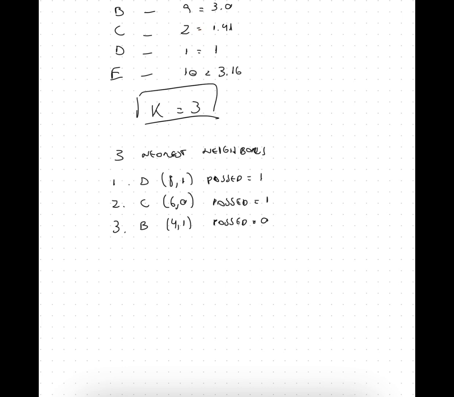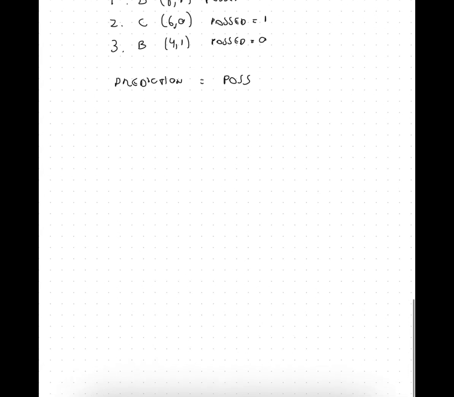The second one is C, 6 hours and 0 attendance, passed. And number 3, letter B, 4 hours, 1, and didn't pass. Out of the three neighbors, 2 passed and 1 did not. Using majority vote, KNN predicts that the new student will pass the exam.